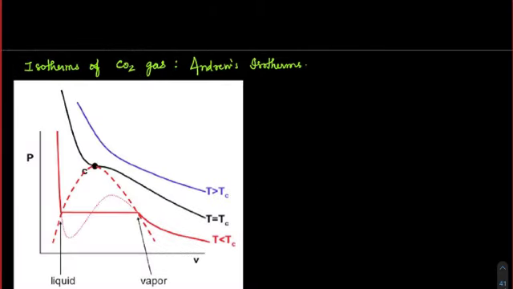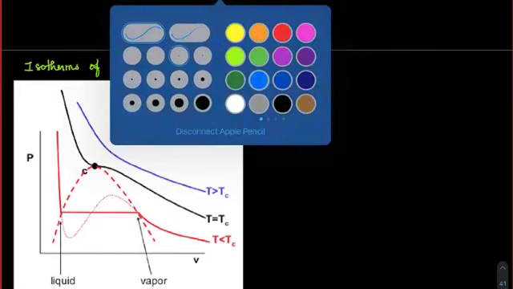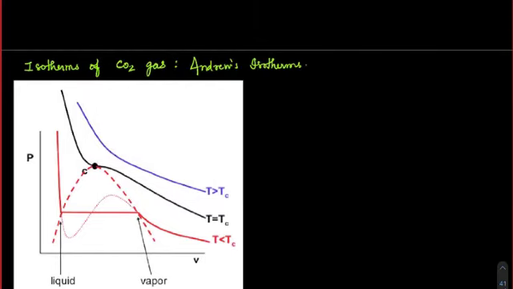Let us see. If we take any higher temperature and plot P versus V for carbon dioxide, it would vary this way, like an exponentially decreasing function, which means it is in agreement with ideal gas.